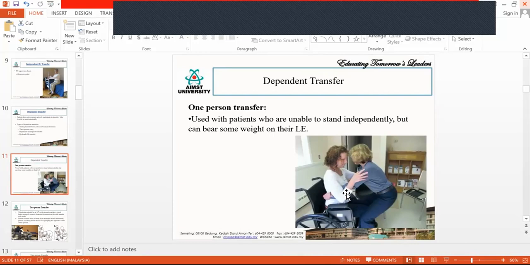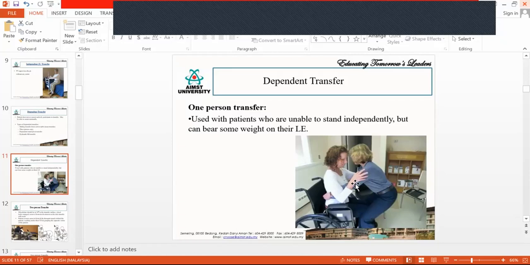After that, you have to hold the person's waist level, and at the same time, you have to hold the patient's knee.